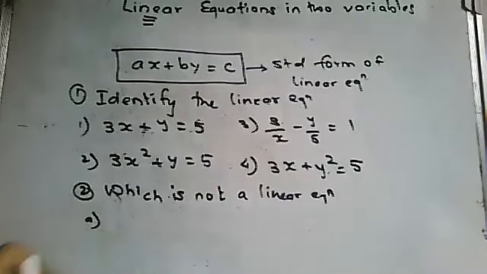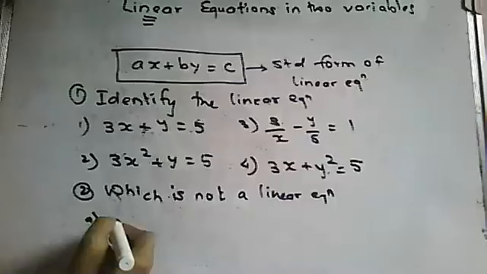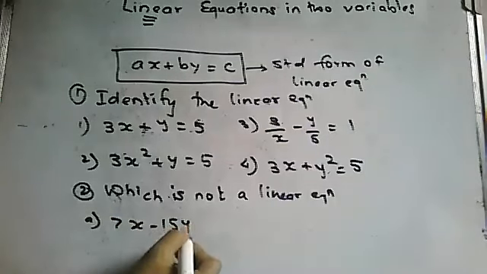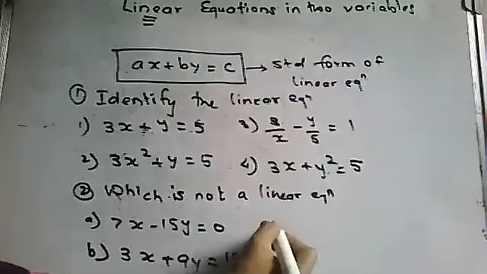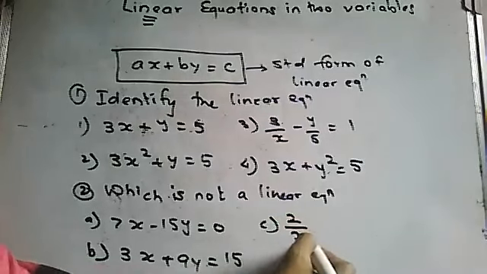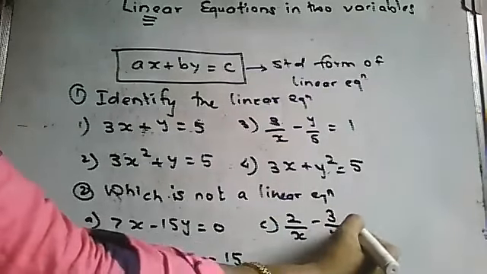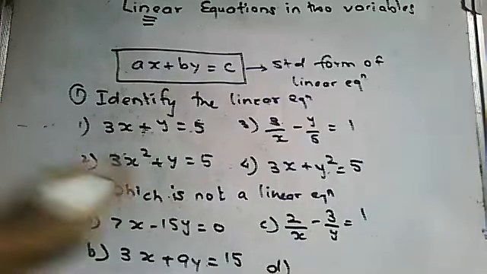Some equations are given to us: 7x minus 15y is equal to 0. Suppose 3x plus 9y is equal to 15. Suppose 2 upon x minus 3 upon y is equal to 1.